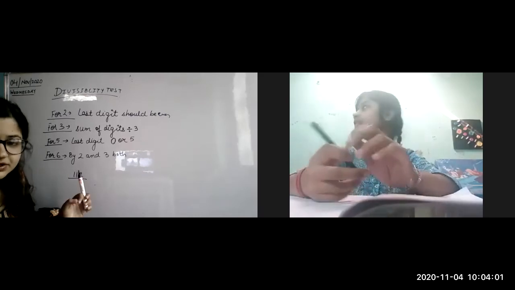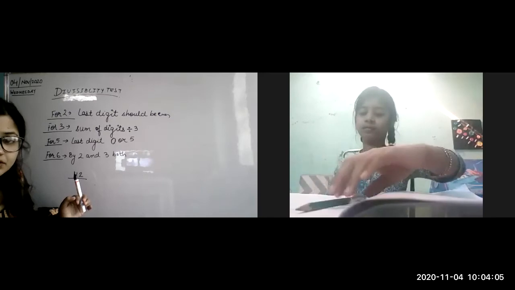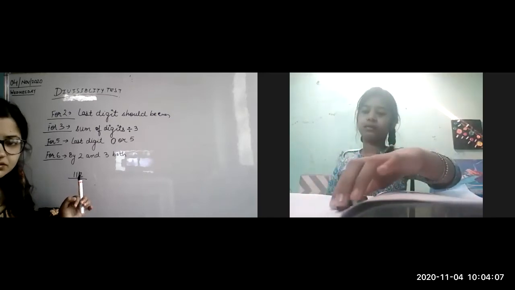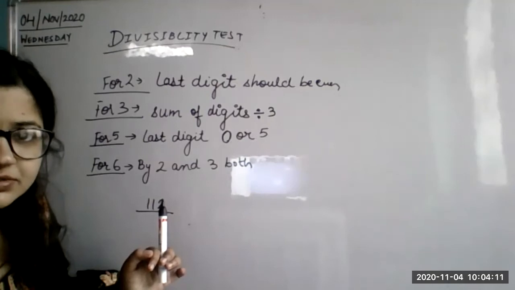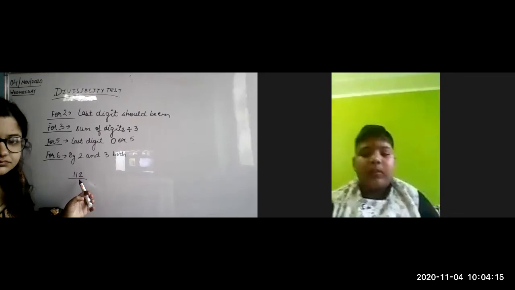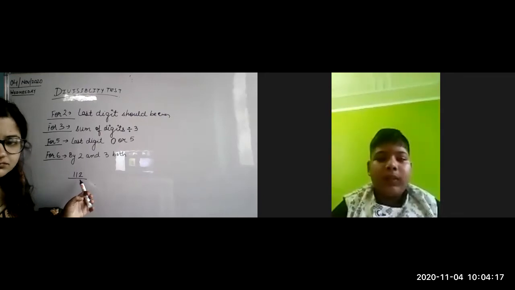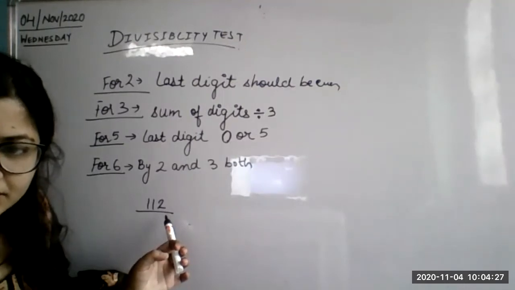Ishika, pay attention over here and keep your mic off and video on. Video should be on now. You should not sit idle. Ishant, beta, tell me, is this number divisible by 6 or not? I think his notebook is not proper. Let me ask somebody else.